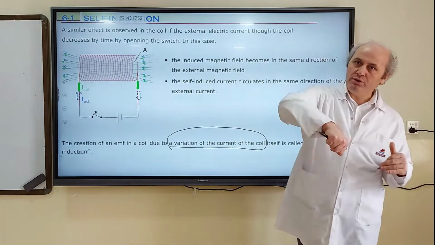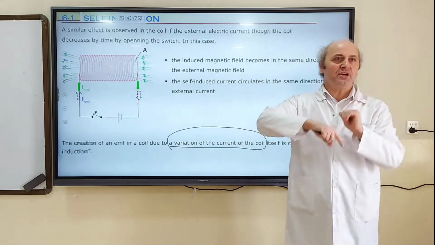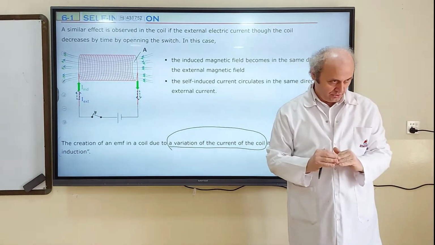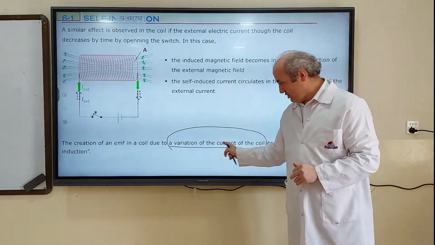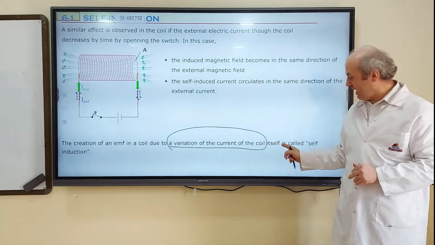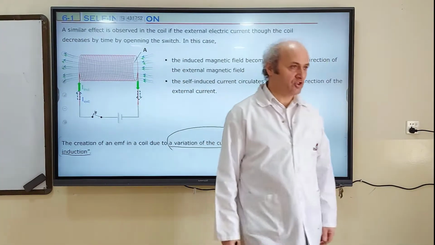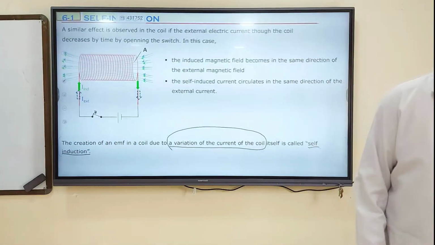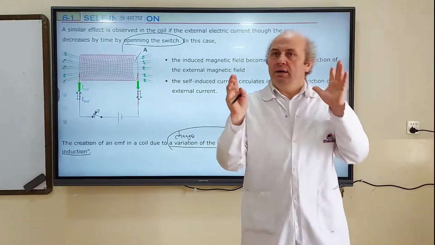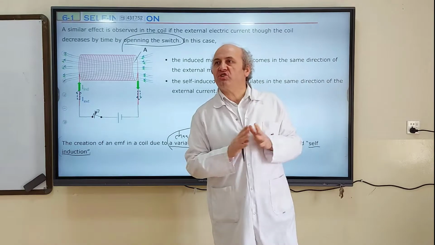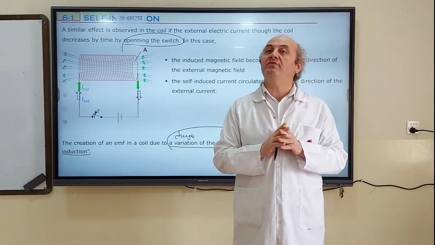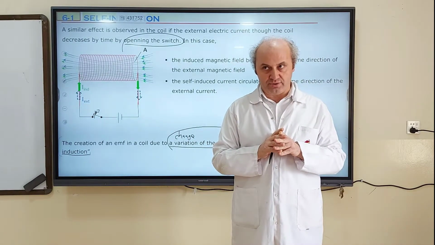By making on, we increase the current. By making off, we decrease the current. So this variation of the current in the coil itself is called self-induction.